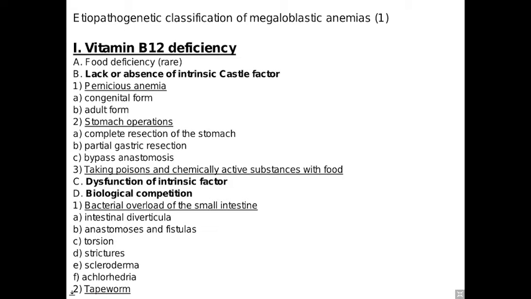In this case, the most frequent leading causes are lack or absence of intrinsic factor in the stomach, so-called pernicious anemia, after stomach surgery, or in the case of some poisoning. Also, dysfunction of the intrinsic factor, biological competition in the case of bacterial overload, and in other forms of infections.